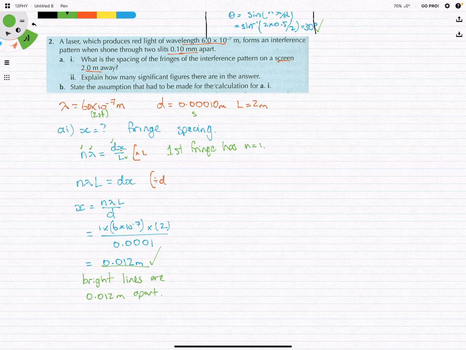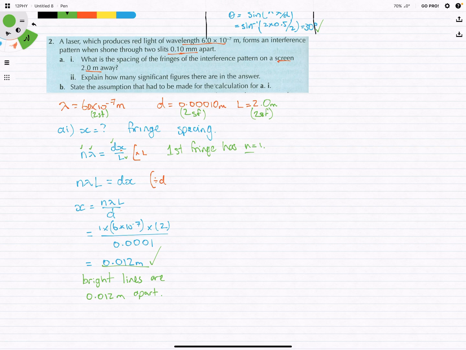The screen distance is 2.0 meters, again 2 SF. And n is just a number, a whole number, it doesn't have figures.